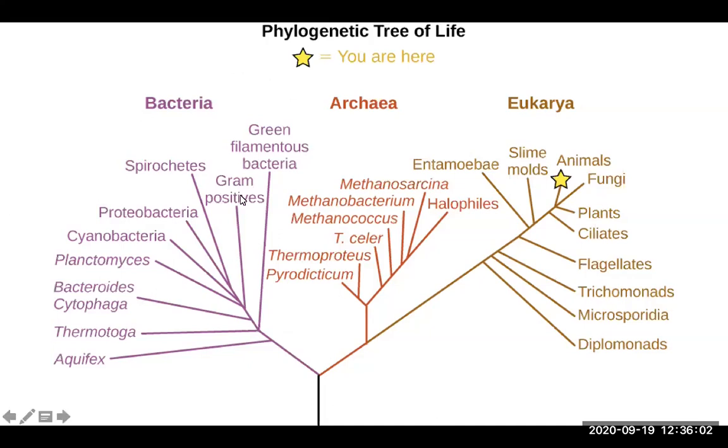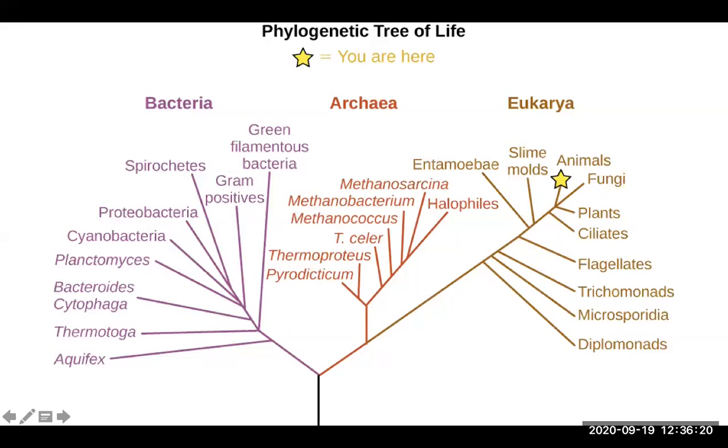And so you can see over here, bacteria are on their own branch off here. They are much more closely related to other bacteria than they are to archaea, which are here in the middle. And there's yet another branch here for eukarya.